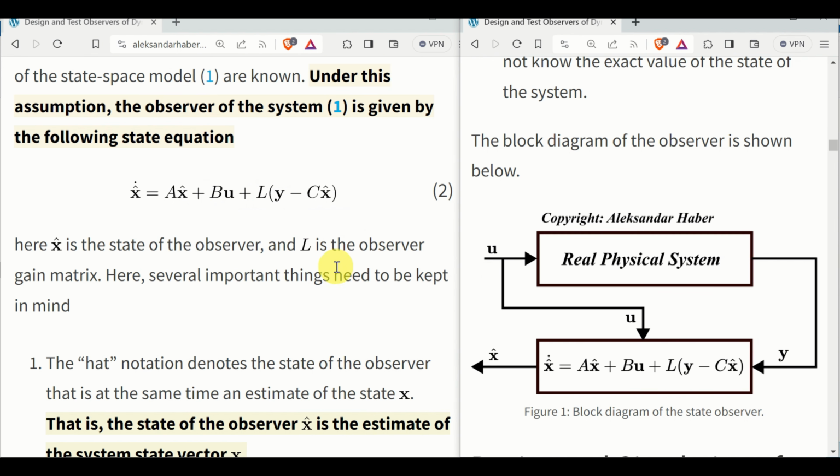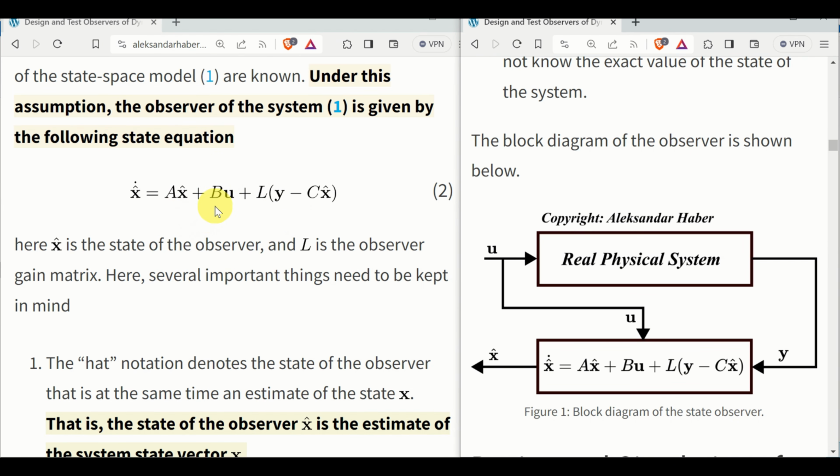Keep in mind that the matrix L that you can see over here is the observer gain matrix. Our goal is to design this matrix such that the state of the observer x hat asymptotically tracks the state of the system x.